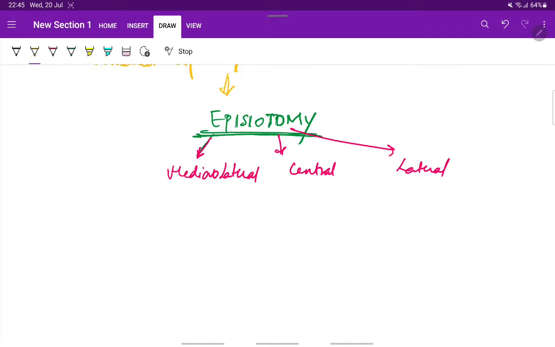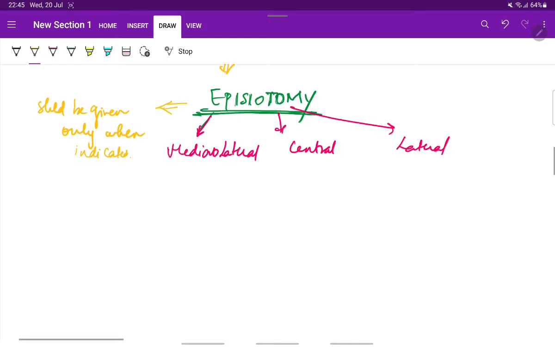A thing to be noted is episiotomy should be given only when indicated. It should not be a routine practice to give an episiotomy. And we prefer giving a mediolateral episiotomy rather than a central or lateral episiotomy.